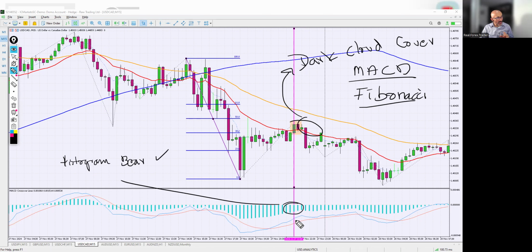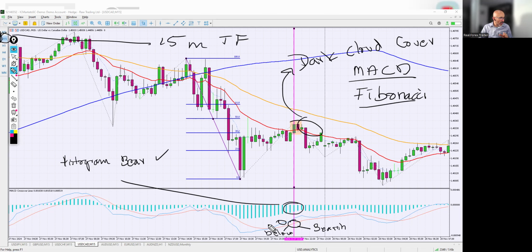I can see that the trigger line, the red line here, is bearish and is below the blue triggering line. That is another very interesting aspect. Another thing: sessions before, remember that I am working on the 15-minute time frame, right?